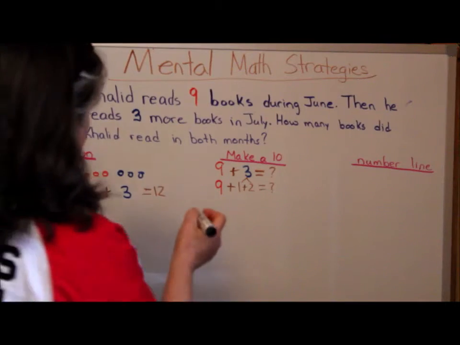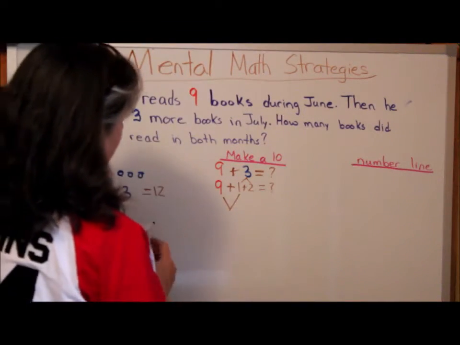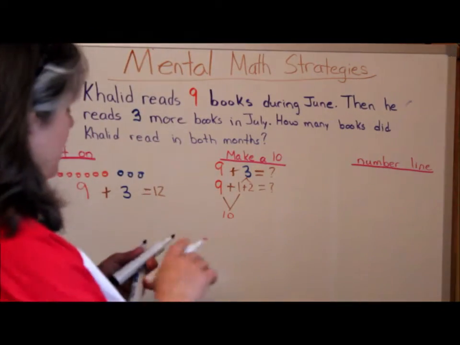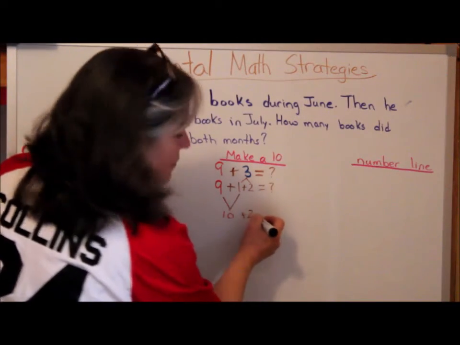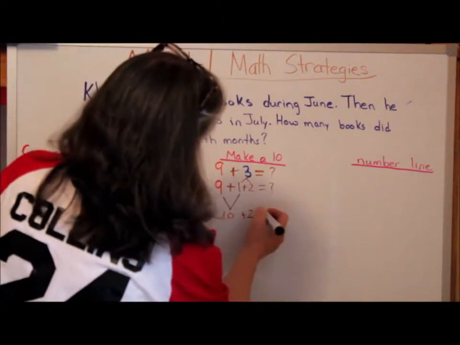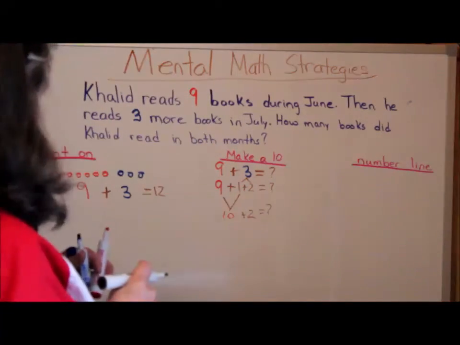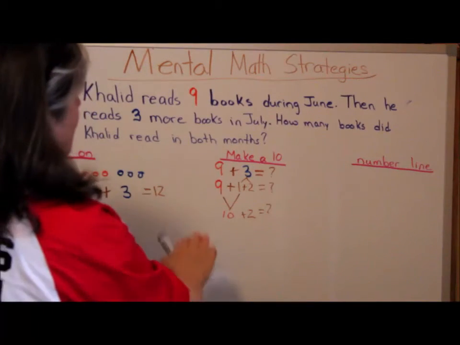All right. And I just said that 9 plus 1 will equal 10. Okay. So then 10 plus 2 equals 12. I think I wasn't supposed to solve that yet. That's all right. Okay, so that's one way.